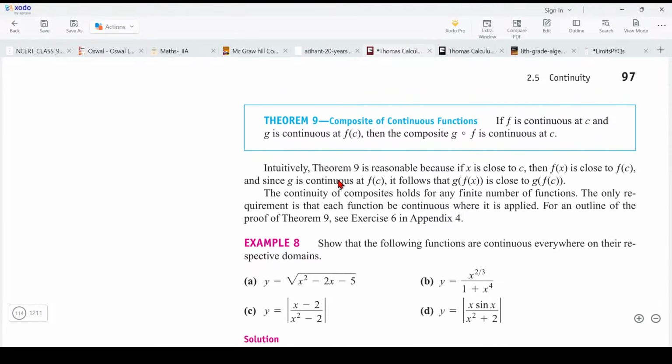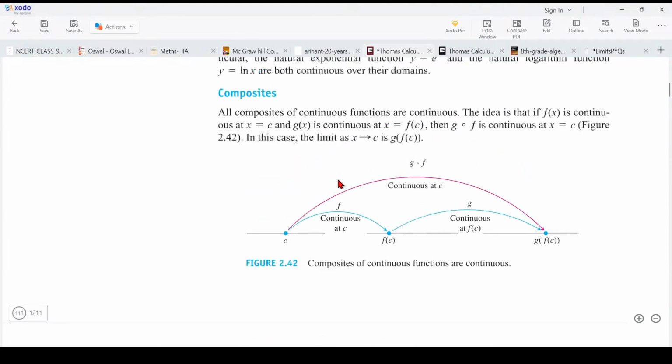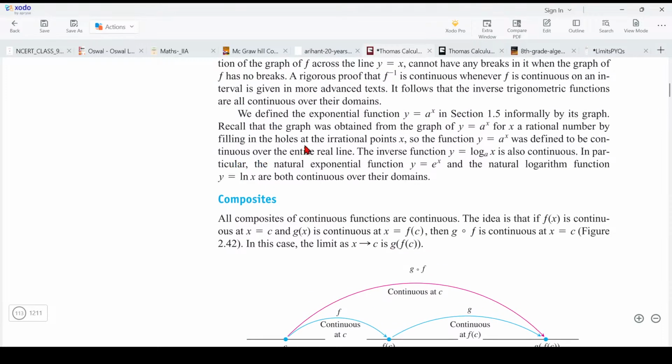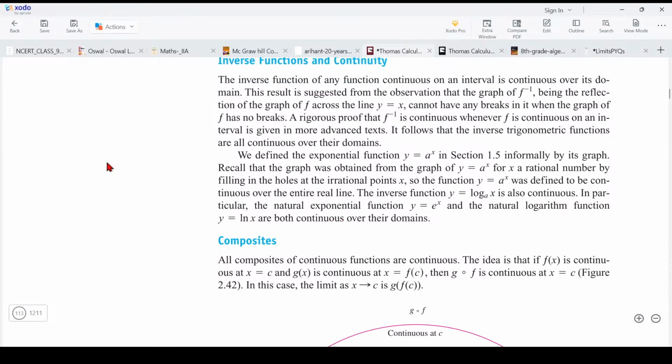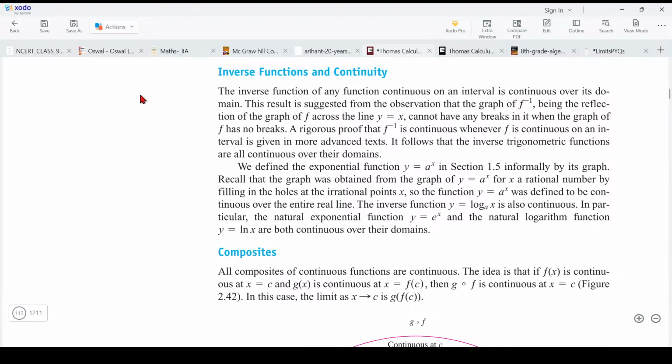And if a function is continuous, we discussed that the inverse of a function is a reflection of the graph with respect to y equals x, or you flip the paper, etc. So obviously, if the original function is continuous and it has an inverse, the inverse will also be continuous.